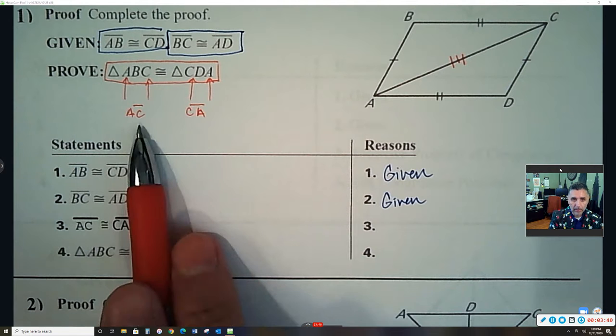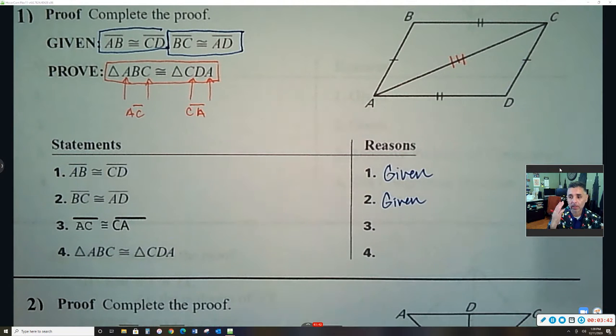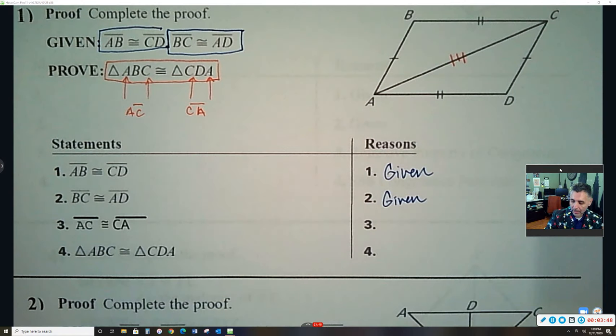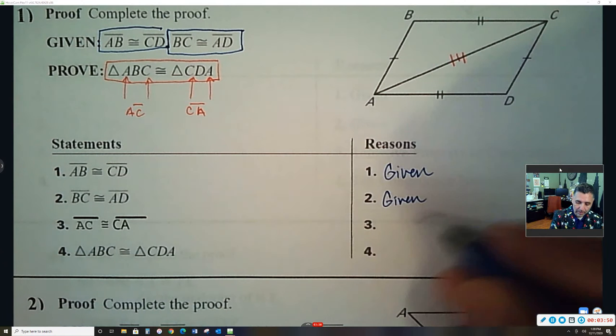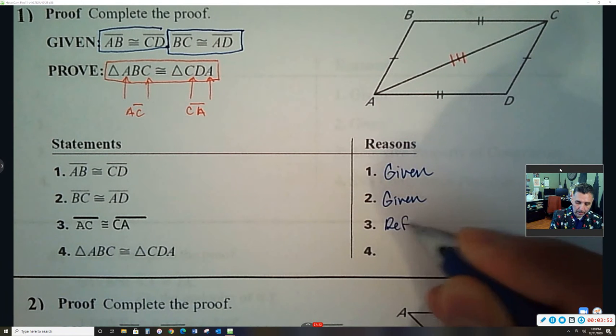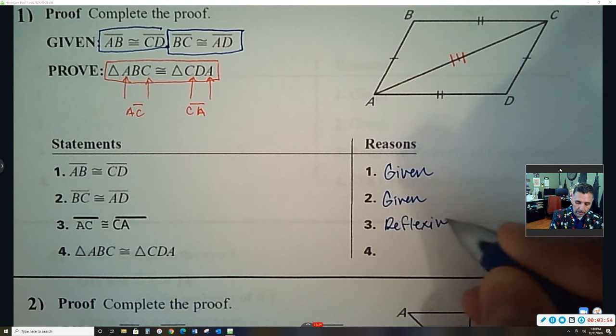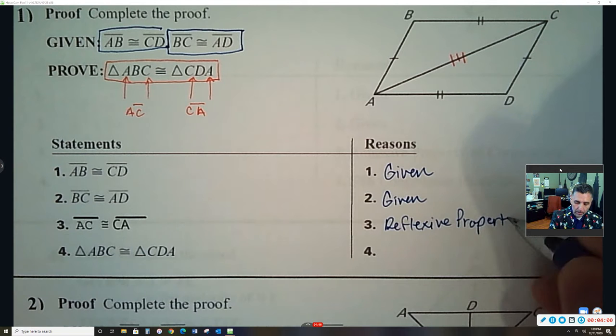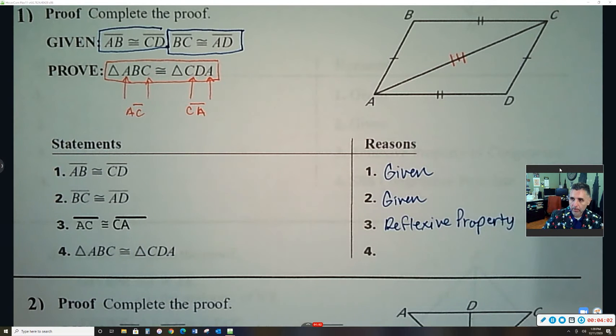But anyway, that is a reflection. Whenever you stand in front of the mirror, you see yourself reflected, and that's why this next reason is called the reflexive property, because it's pretty much the same thing. It's the reflexive property of congruence, I believe.